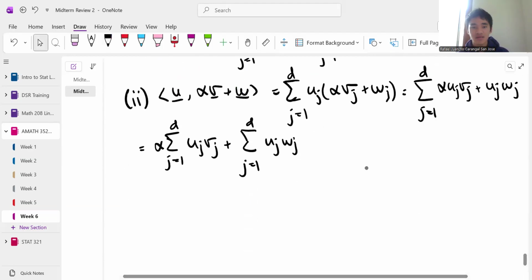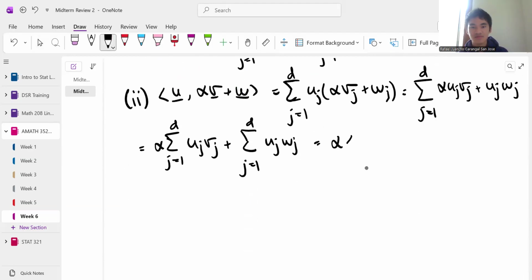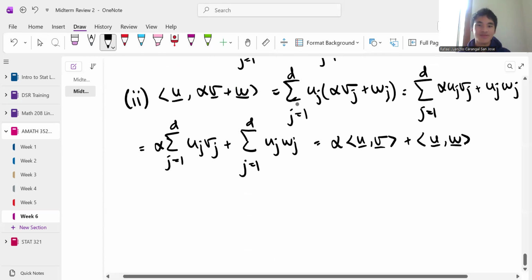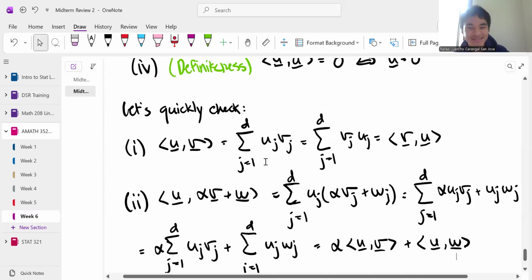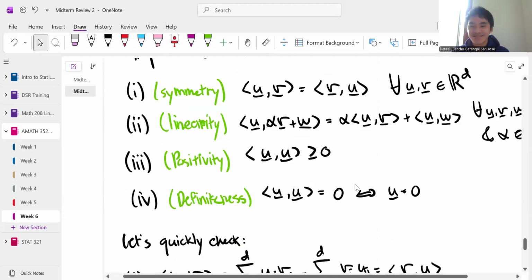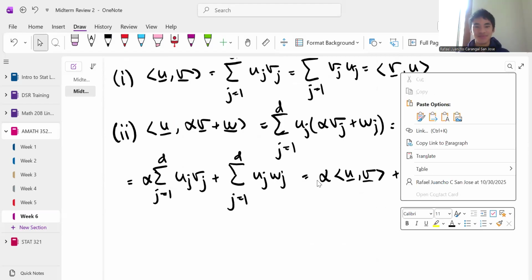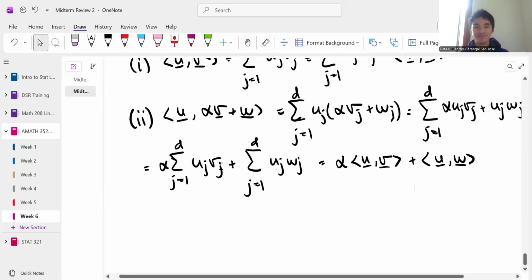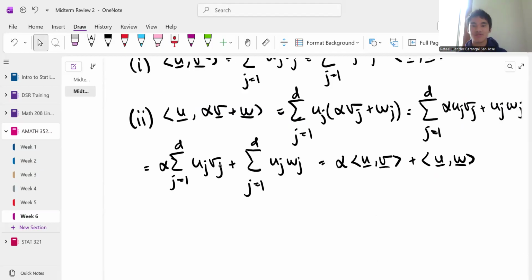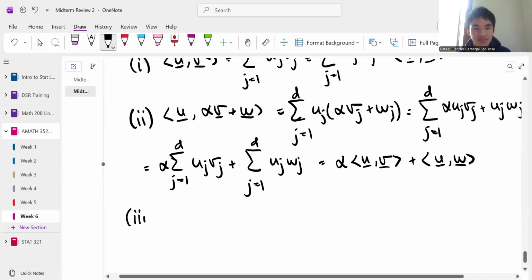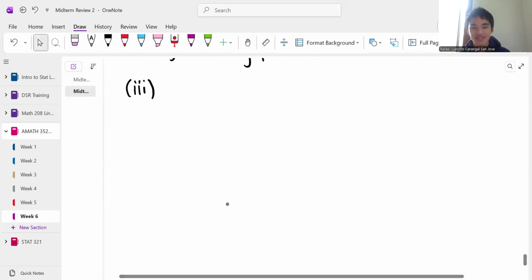Oh, look at that. These two are the same thing as alpha u v plus u w. Very cool. That one's really nice. See that? Summation. So this is linearity. That's how this thing is true. But if we ever get confused, then we can just prove it again. Because in the test, I don't have a cheat sheet, so I'll probably just prove it again. We'll see.